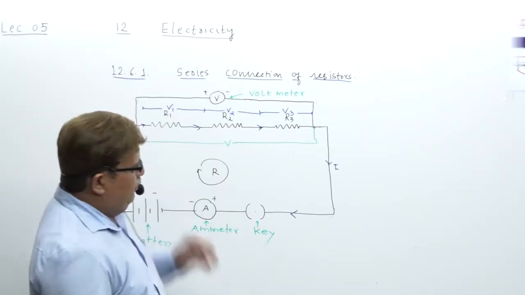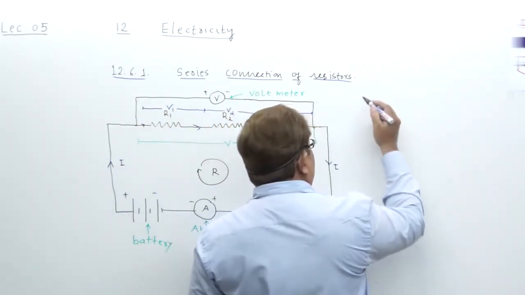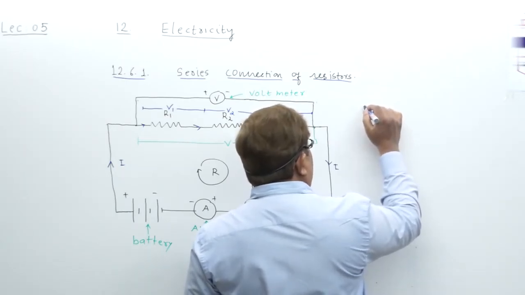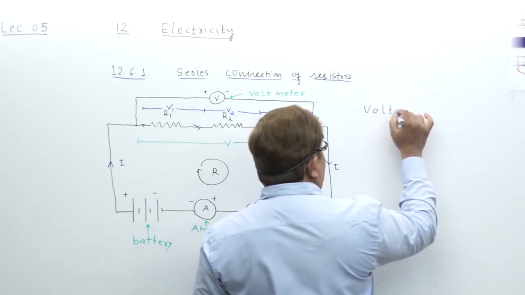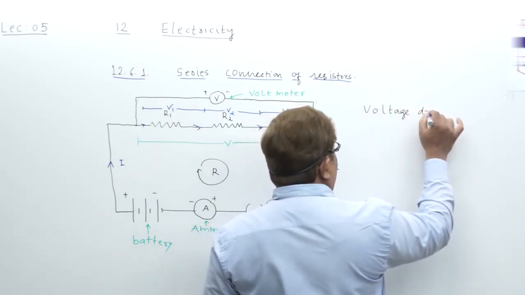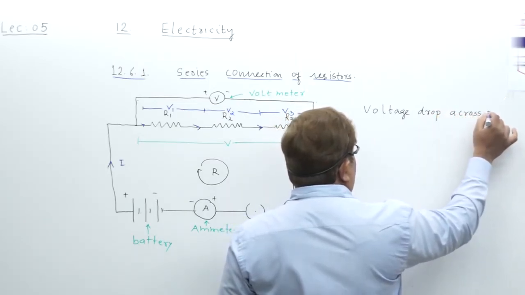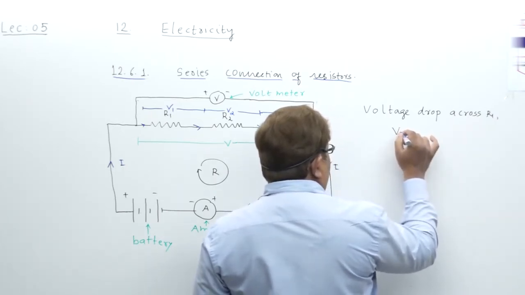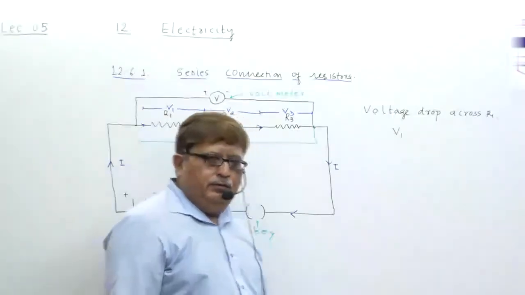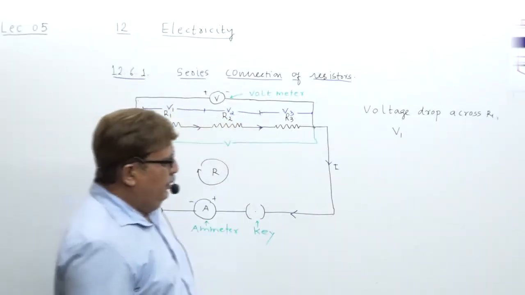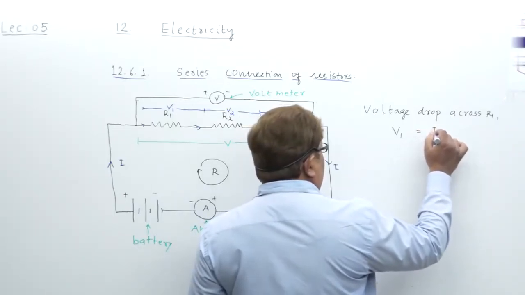So let us try to find. It is not written in textbook in detail, but let us write. I am not writing potential difference, I am writing this word: voltage drop across R1. Can you remember the Ohm's law? V equal to IR. Here I am taking V1 equal to IR1.